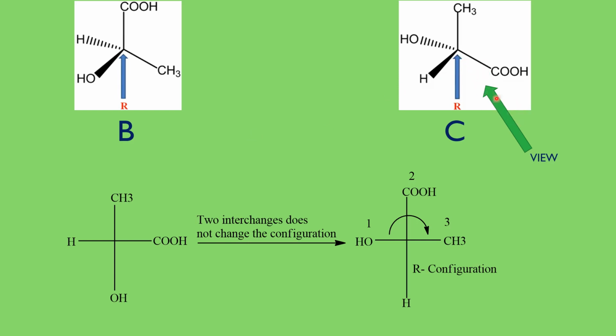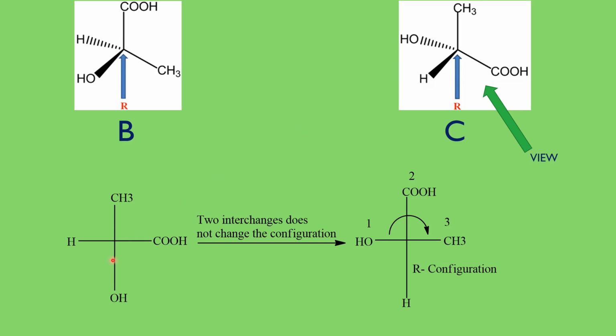So when I stand here, the methyl is at my head side, hydrogen is at my left side, COOH is at my right, the OH is at the back, that should be at the leg side of the Fischer projection. So methyl at the top, hydrogen at the left, COOH at right, OH at the leg side. And this is the Fischer projection formula, and this is how we have to convert the flying wedge formula into a Fischer projection.